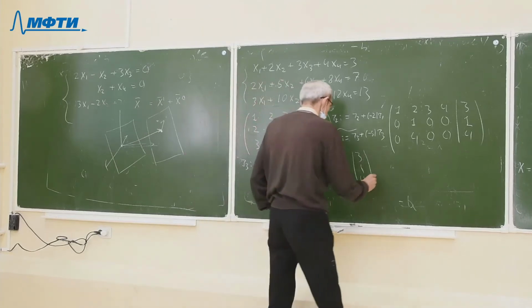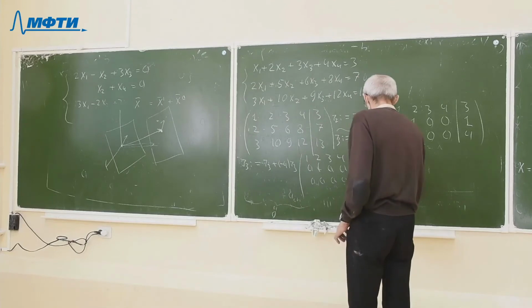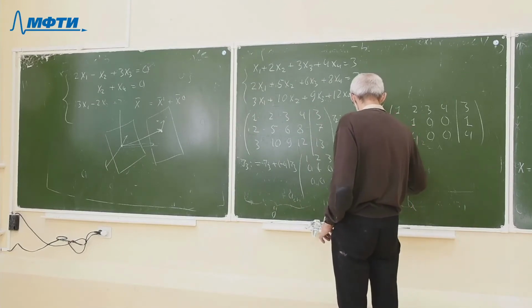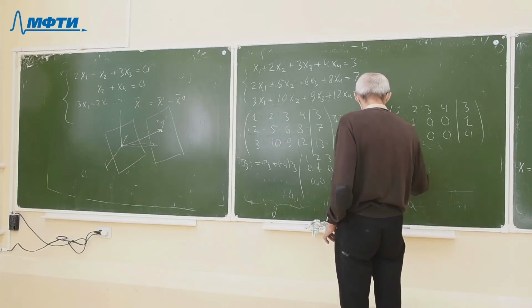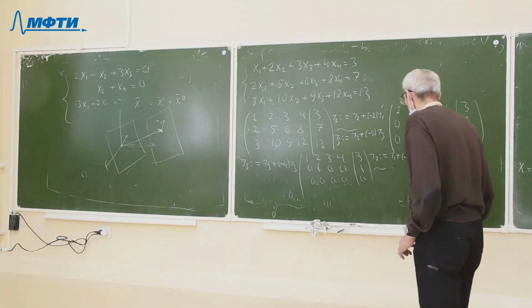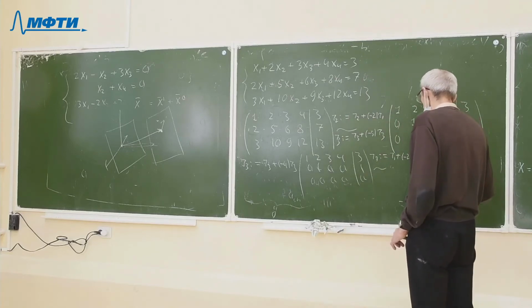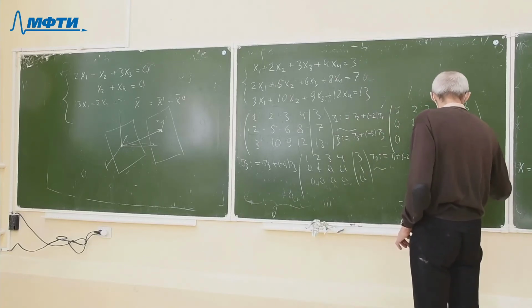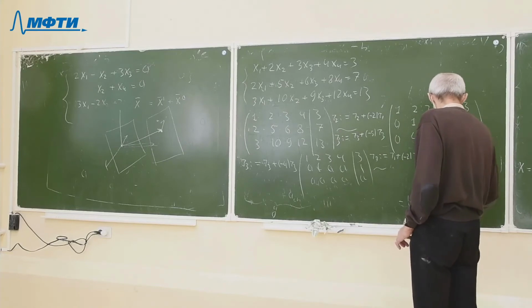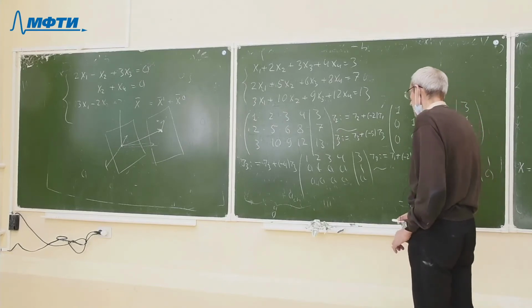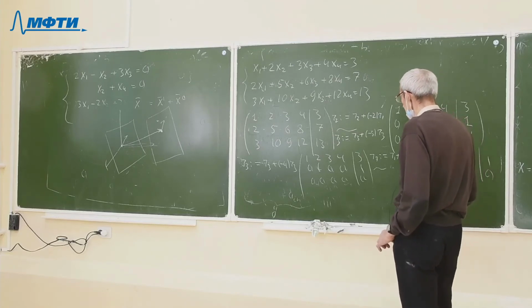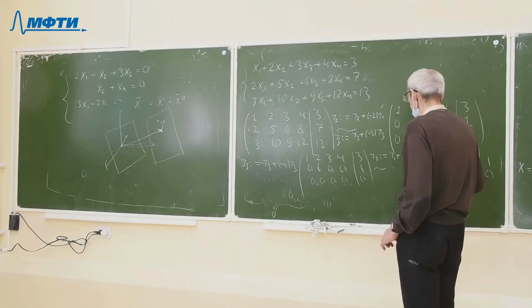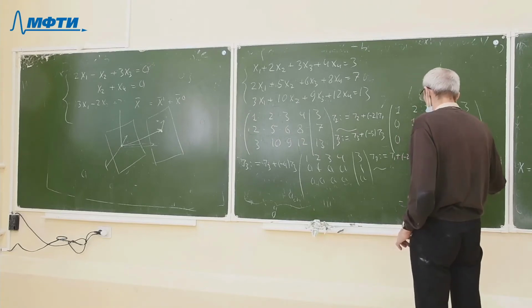In the last step, we put R1 is equal R1 plus minus 2 R2. We write the second row, and the first row is equal 1, 0, 3, 4, 1.